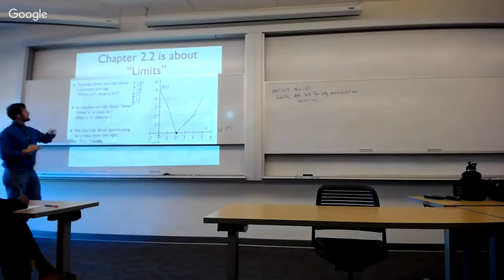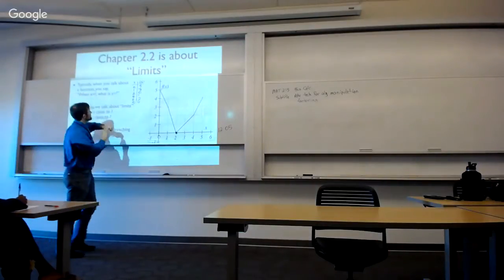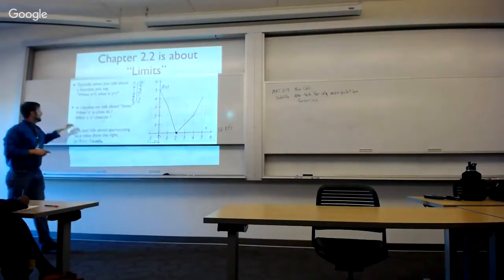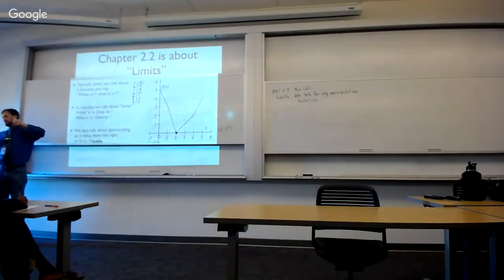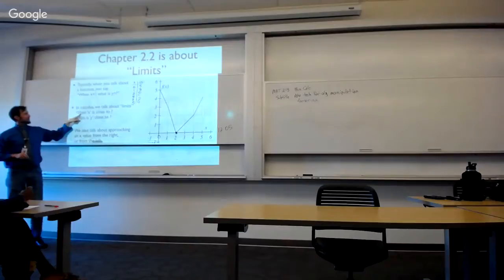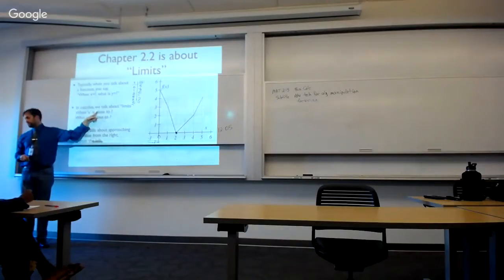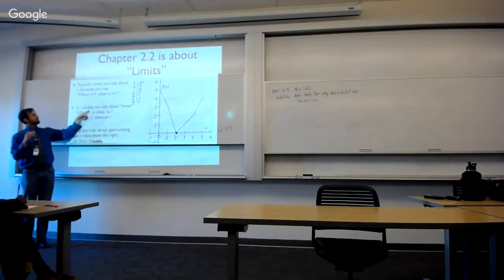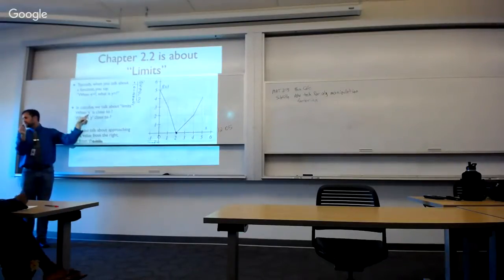So again, if I were to say, when x is blank, what is y? When x is 1, y is 3. When x is 4, y is 2, and so on. In calculus, however, we talk about a limit. When we talk about a limit, we're saying when x is close to a value. Typically, we say when x actually is the value. But in calculus, we're going to say, well, what if x is just close to it?